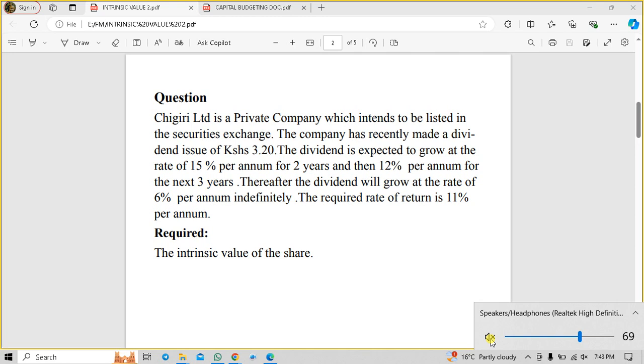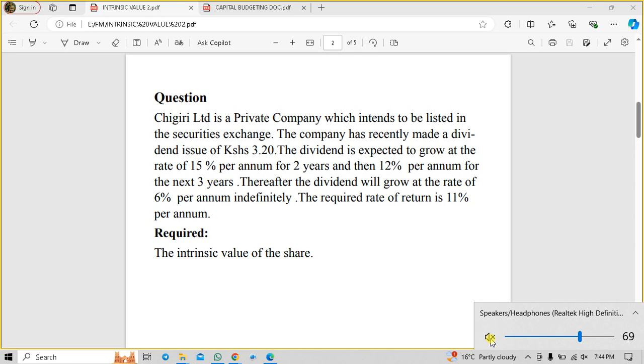And the number two reason for buying shares is dividends. Capital gains, and then we have dividends. Those are the two reasons why people buy shares. I just want to explain it very slowly so that you can get the concept, so that when we go to the mathematics aspect of it, you'll have an idea of what is happening.